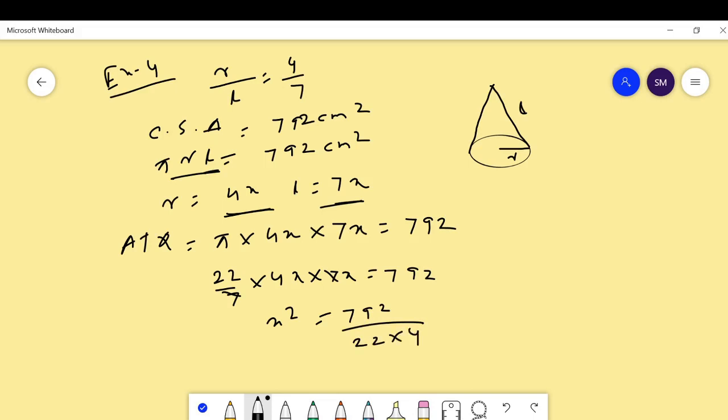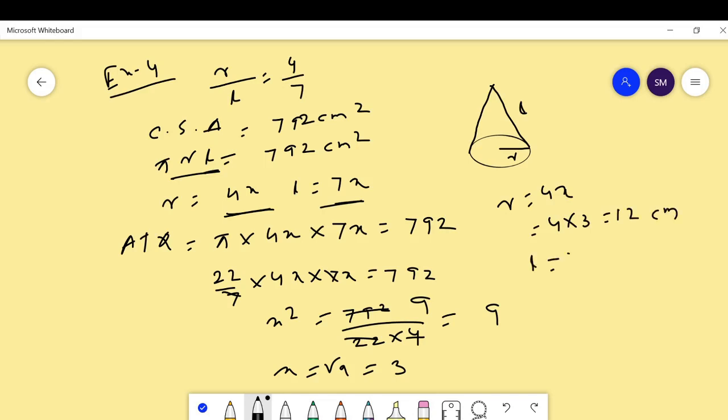By cutting we get this is equal to 9. Then x square equal to 9. X is the square root of 9, which is 3. Then x is 3, means r is equal to 4x, which equals 4 into 3, 12 centimeter.